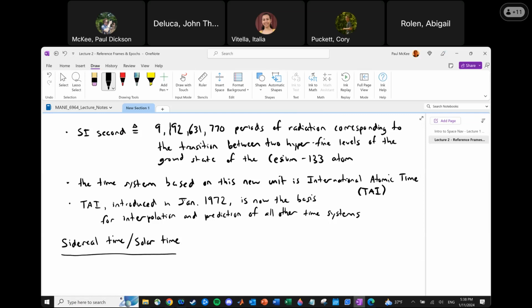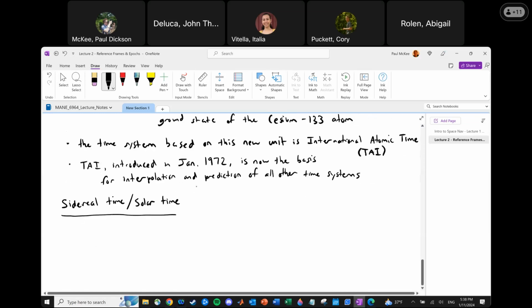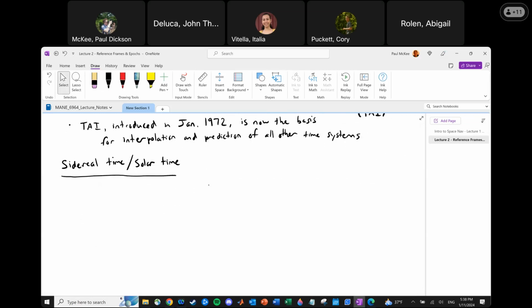So, first of all, it helps us to know this. Days fluctuate in length due to changes, we'll say perturbations, that's the fancy word, perturbations in Earth's rotation.